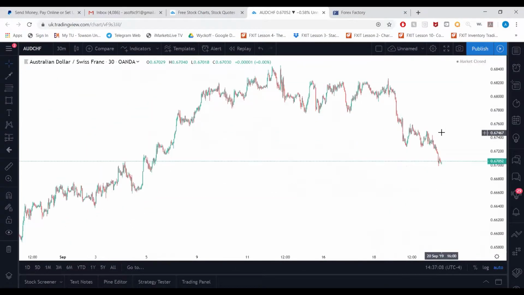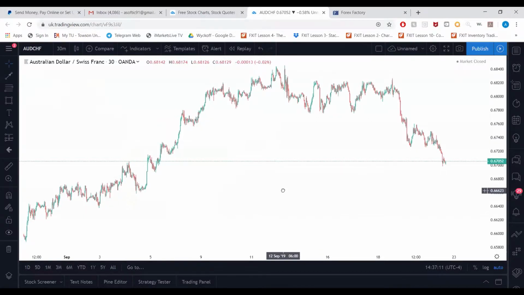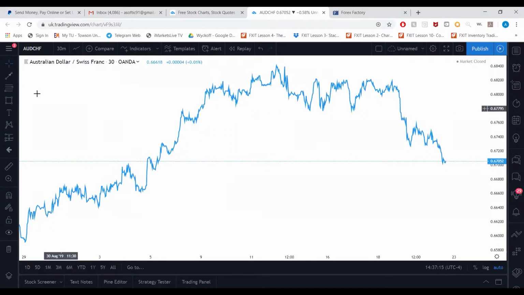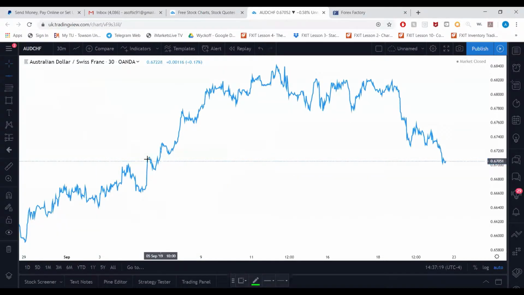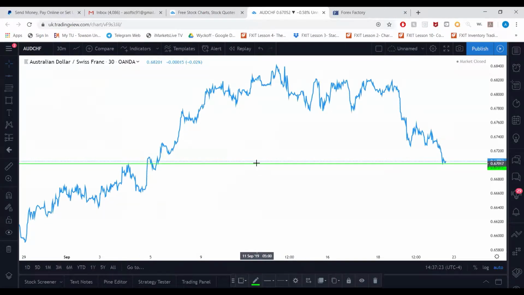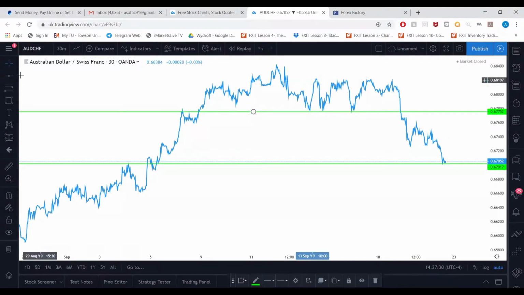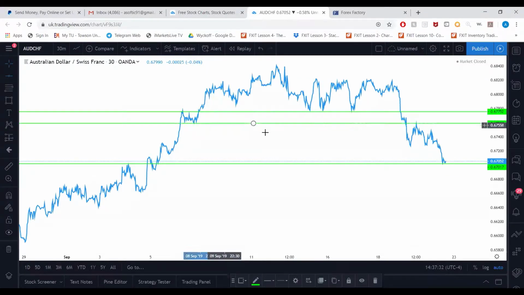And let's say we are looking for support and resistance. So this right here would be support. This right here is a strong zone as well, and that right there.